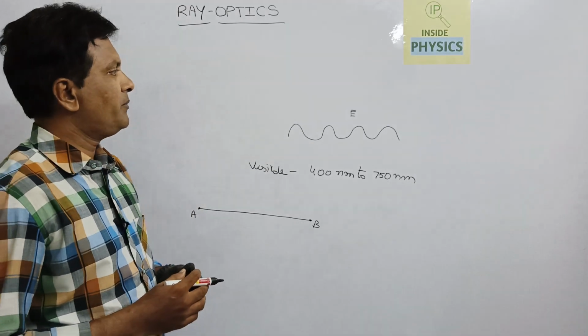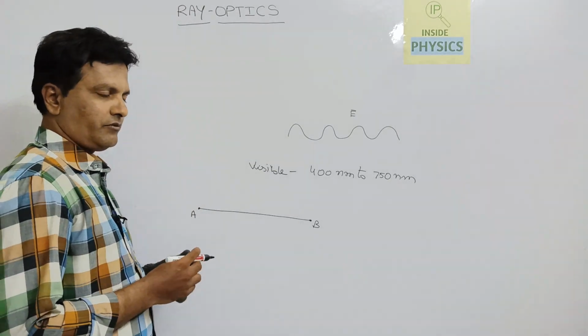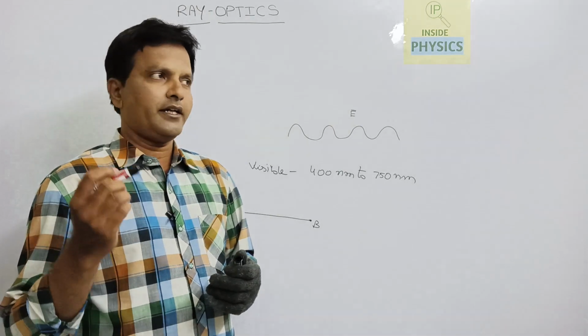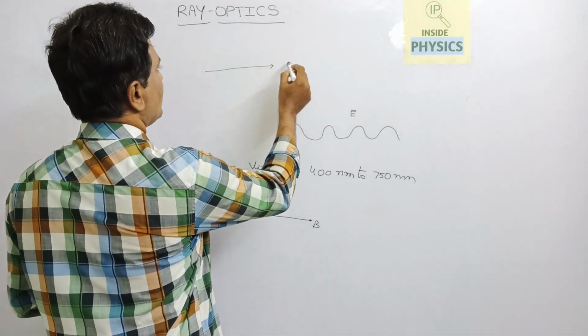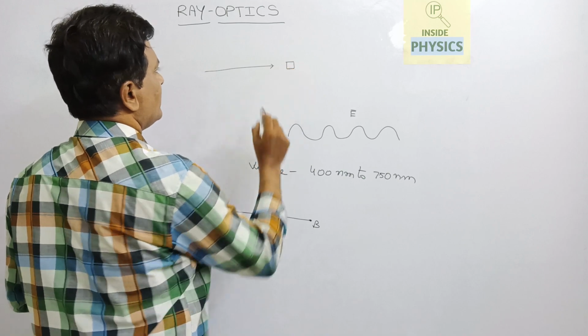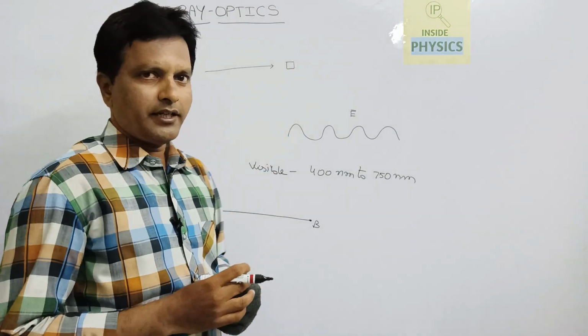Whenever we compare the wavelength of light with obstacles, suppose a light ray is moving in this direction and there is an obstacle in the path of the light ray.